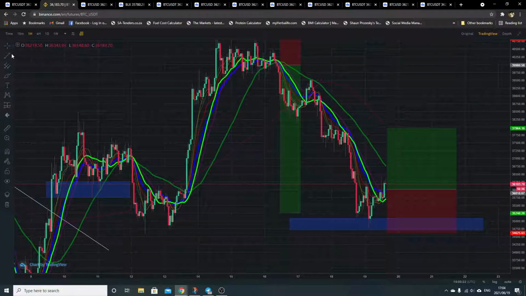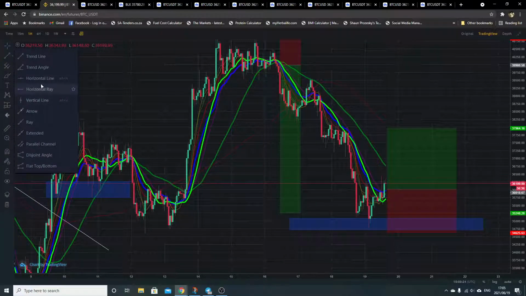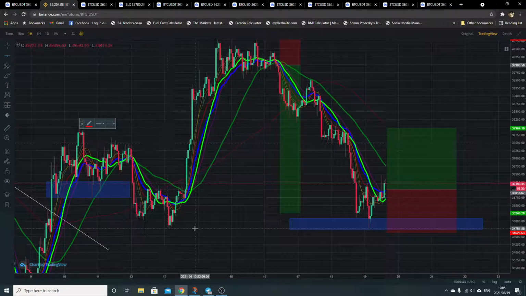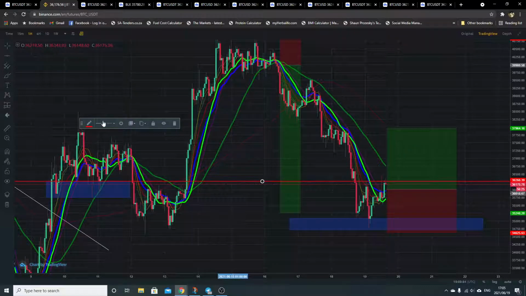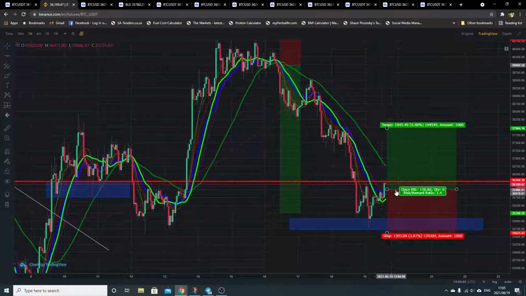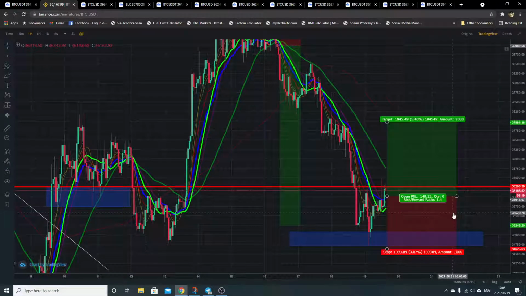Let me do a horizontal line for you quickly. This is important. There, we've got touch points in that area. Let me make this a little bit wider, and there you go. You see now, it's getting rejected there.